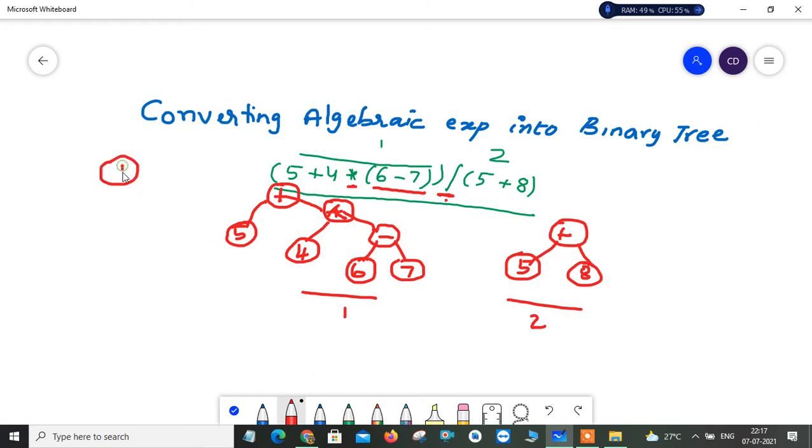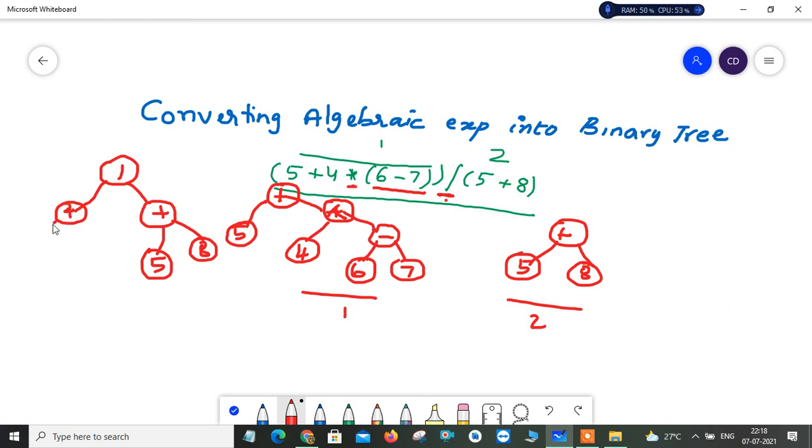So here I have a division operation. On the right side I have this subtree, plus, 5 and then 8. On the left subtree I need to construct this entire part. Simply I'll match this one.